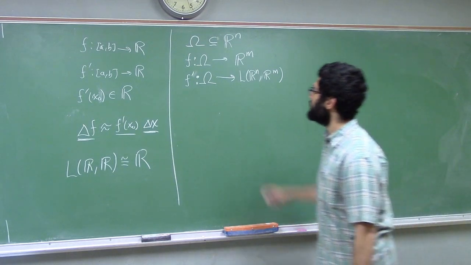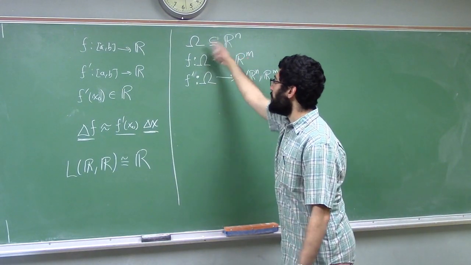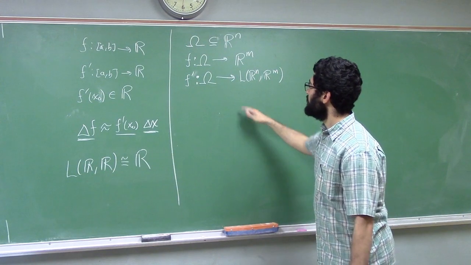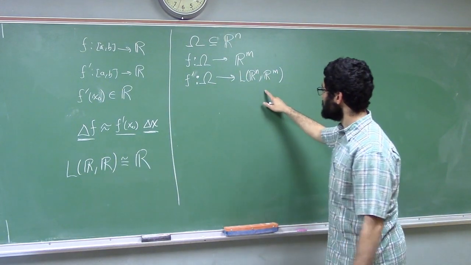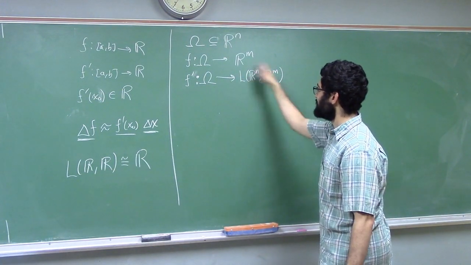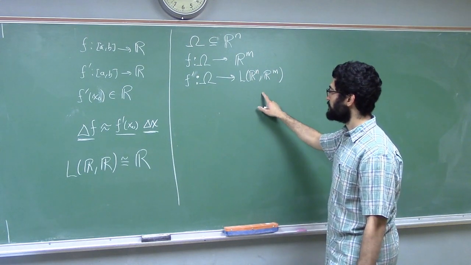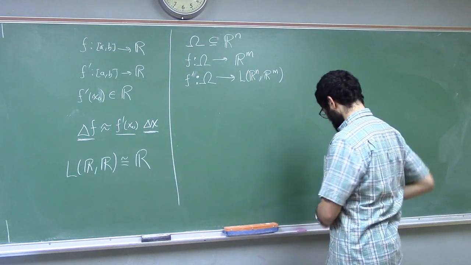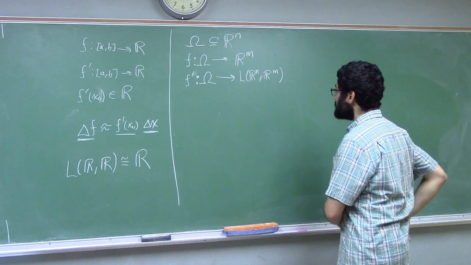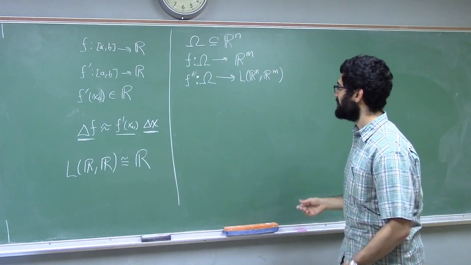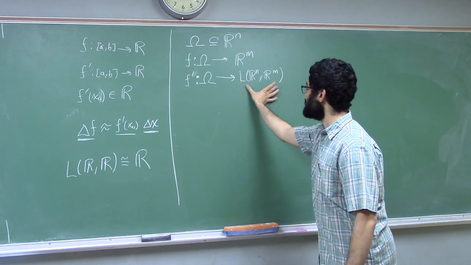Now, if omega is a subset of Rn, omega is a metric space. If we end up with something like this, now this is a metric space since we've given it a metric. So hopefully now you are seeing why we might want to be able to treat this as a metric space.